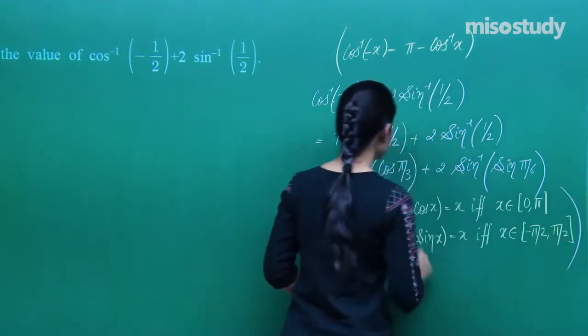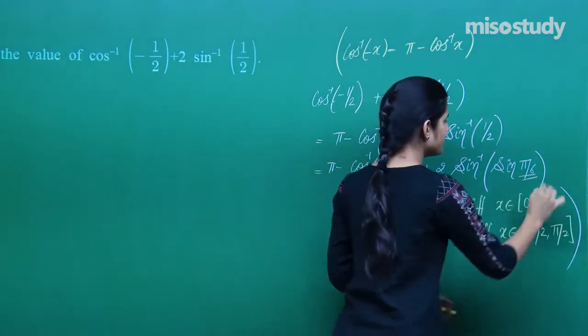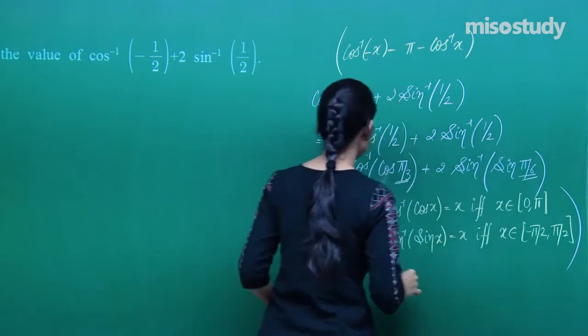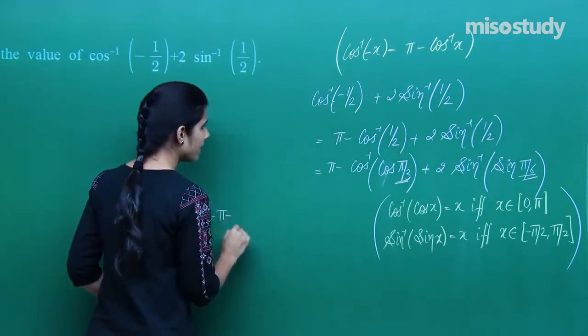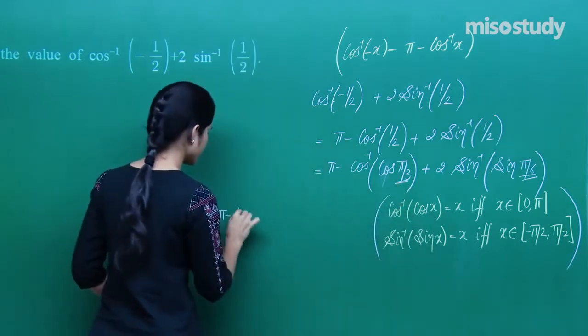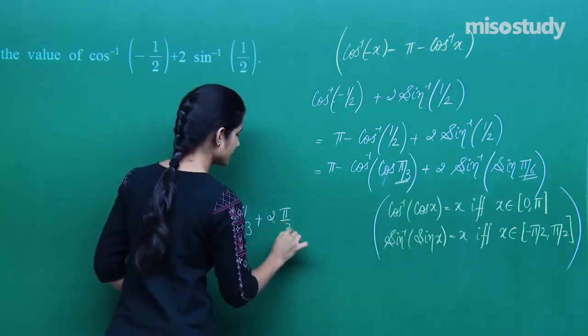Using this, you can clearly see pi by 3 belongs in 0 to pi and pi by 6 belongs in minus pi by 2, pi by 2. So eventually what you are getting is pi minus pi by 3 plus twice of pi by 6.